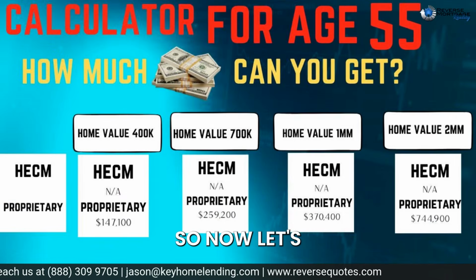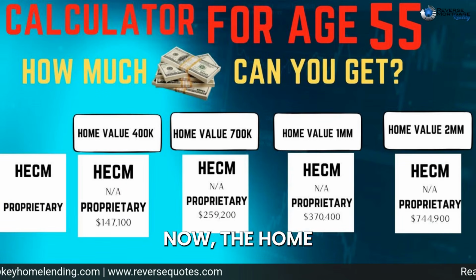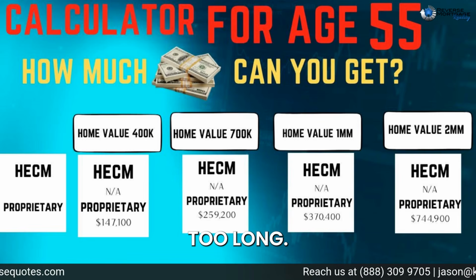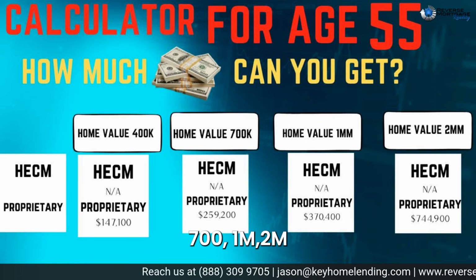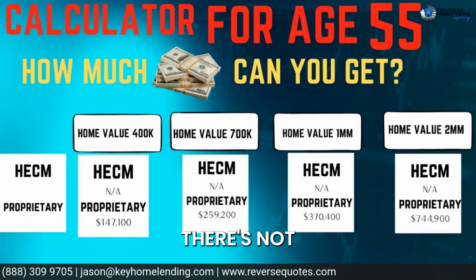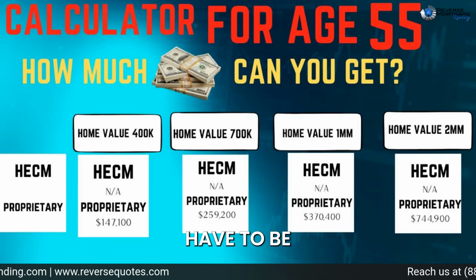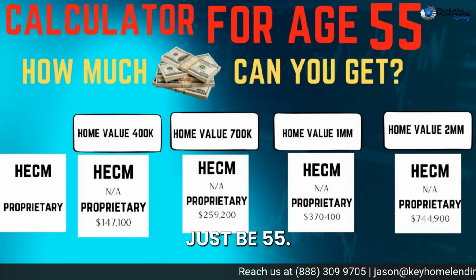So now let's take a look at a reverse mortgage calculator for age 55. Now the home values that I put in, we could have put anything in, but I don't want this video going too long. We've got home values of 400, 700, $1 million, and $2 million, and we're going to have that across the board for every single age. Now, there's an NA for the HECM, and that reason is because you have to be 62 to get a HECM. But the proprietary, you can just be 55.